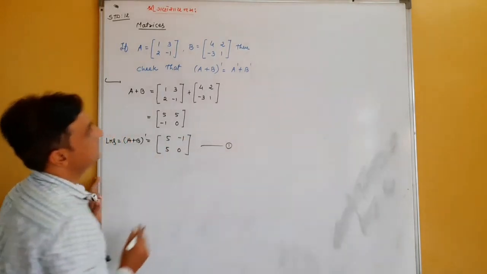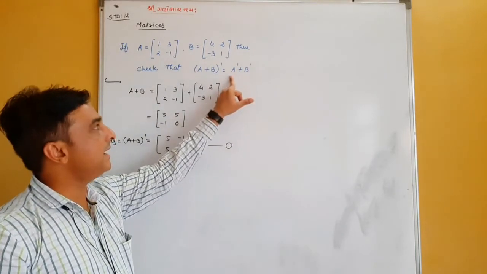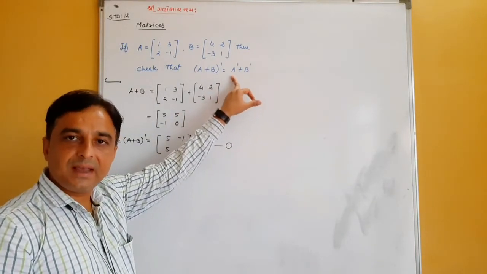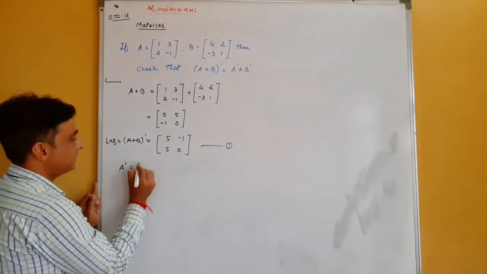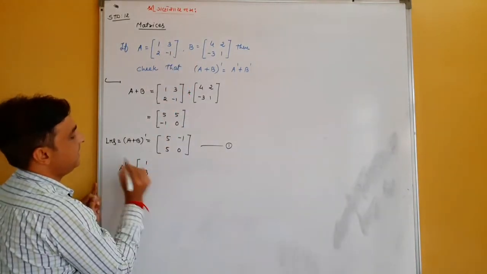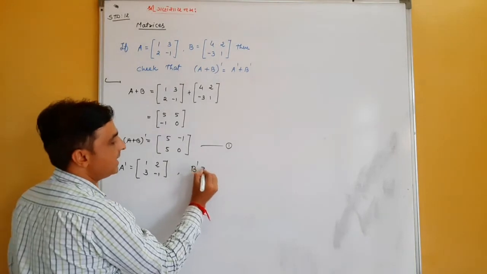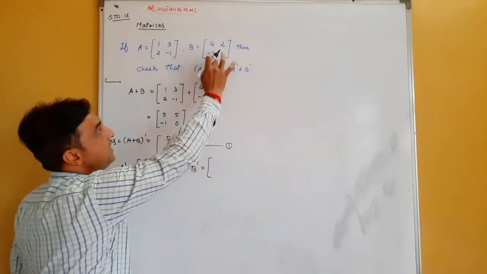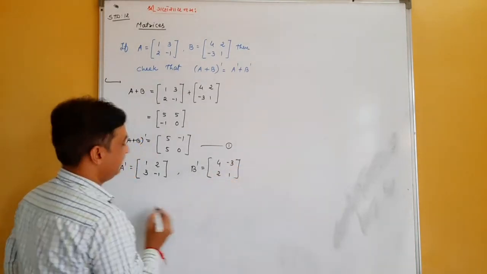See, this is 1. Now for our right hand side, what we have to find? First A dash, the transpose of A, and the transpose of B. So A dash is 1, 2, 3, minus 1, and B dash is 4, minus 3, 2, 1.